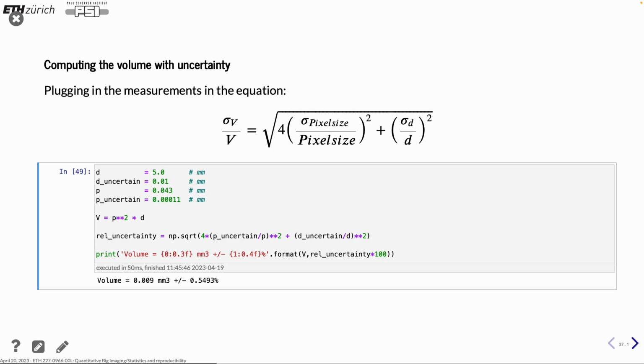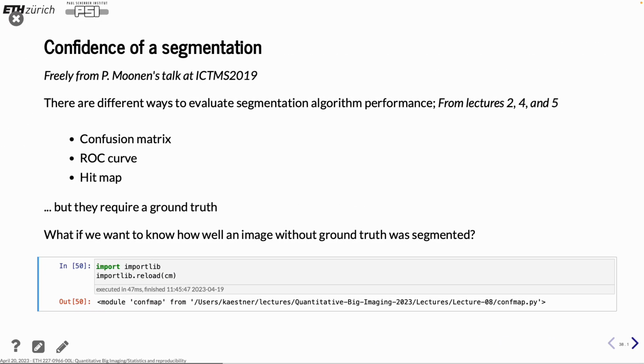So then you probably would have to multiply it by the square root of n as well. And you would have a long sum. And the last thing before the break is also talking about the confidence of our segmentation.